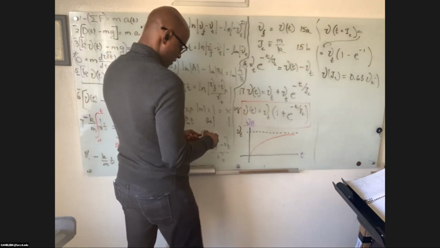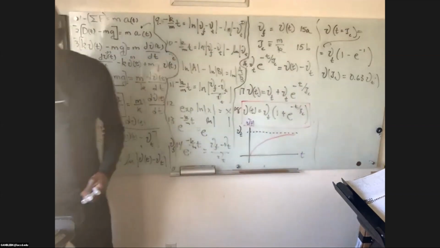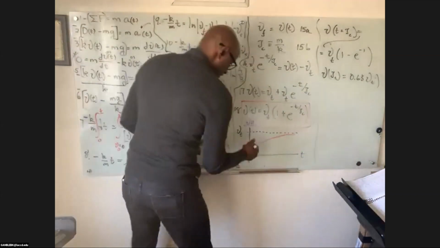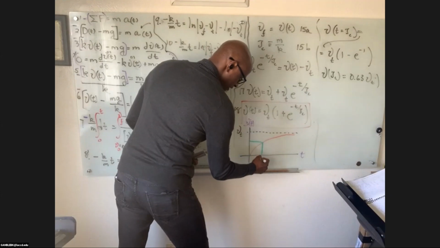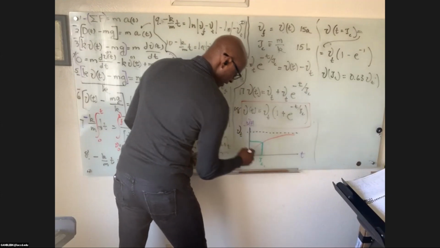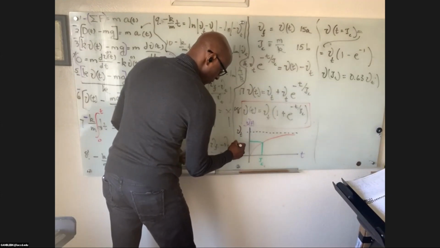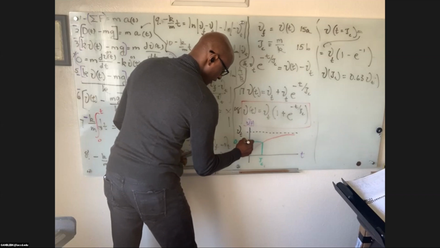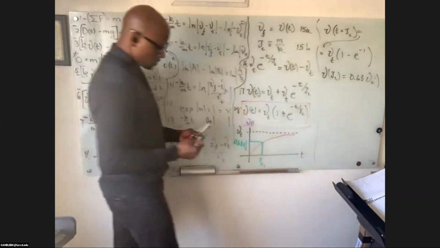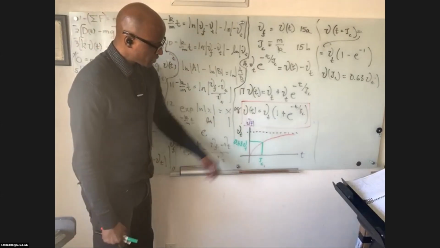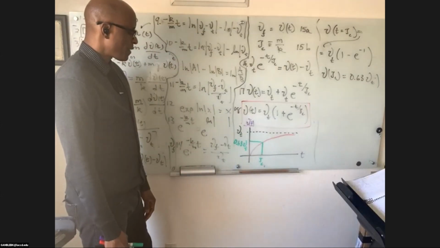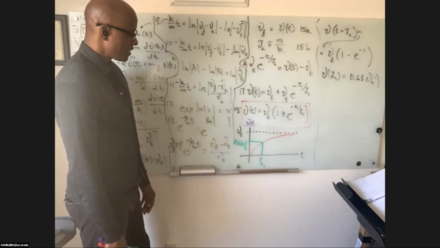So the way we represent that on our graph is this value here. It's going to be about someplace like that. So in one time constant tau c, I'm at 0.63 V sub t. So it took me one time constant to get to 63% of my terminal speed, whatever that time constant is.